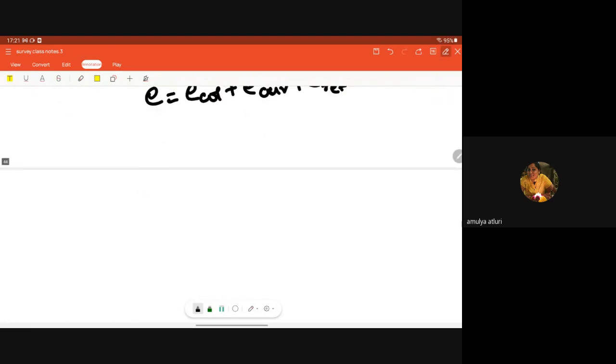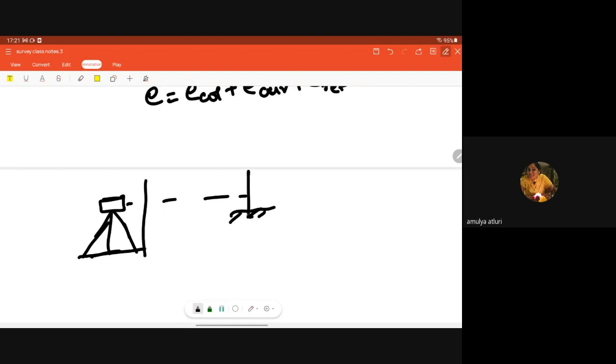If my instrument setup is like this, and this is alpha, what is this error? Error due to collimation, because there is a change in the level line, right?